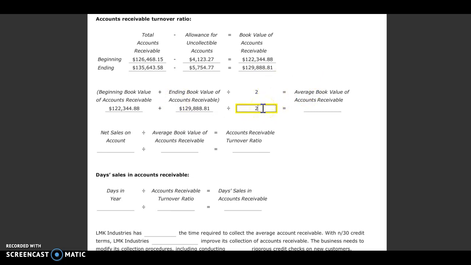So we'll add those two numbers together, those beginning book and ending book value, and then we'll divide that by 2. And so our average book value then is $126,116.85.